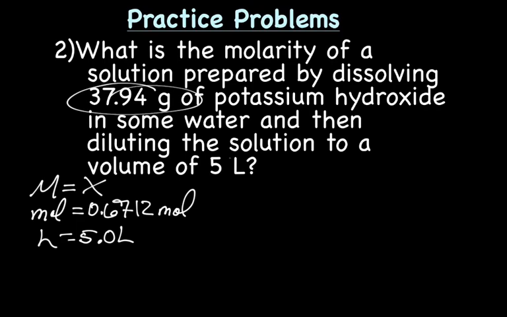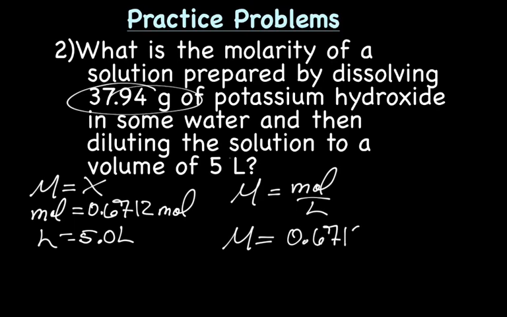All right, now plug and chug. We have molarity equals mole over liter. So that means we have molarity equals 0.6712 mole over 5.0 liters. So let's calculate that.